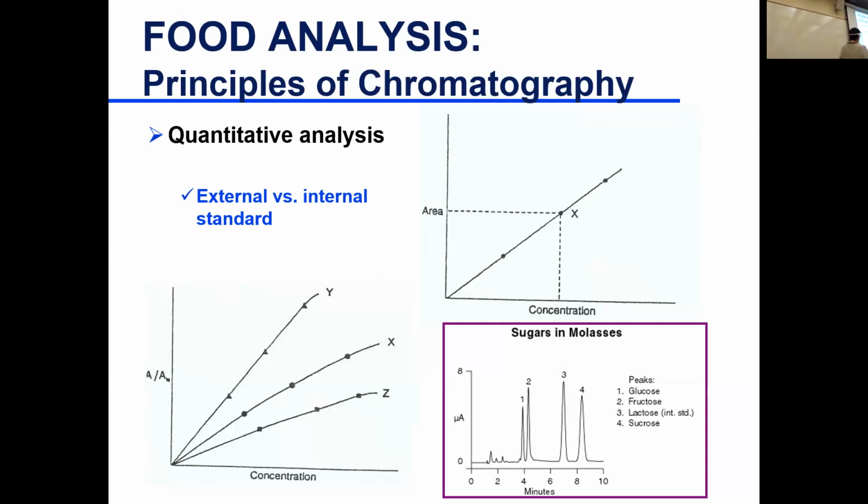When I want to plot my standard curve, I have three compounds, X for one compound, Y another, Z another. So I'm plotting the standard curve for each compound, so I need external standards. An internal standard alone doesn't work to calculate concentration. So you still need your external standard. You still need your glucose, fructose, and so on, and plot your standards externally.